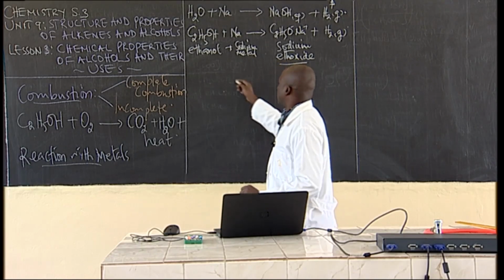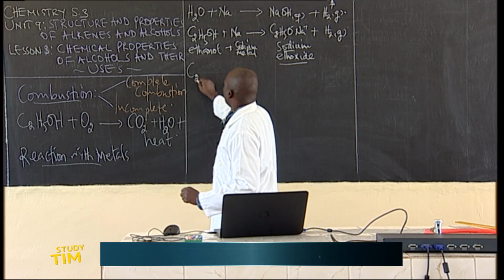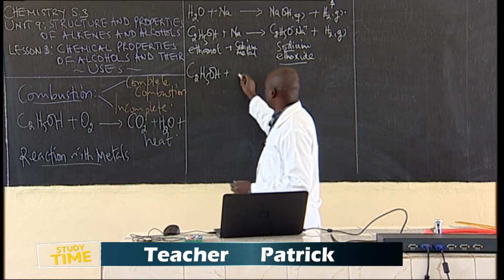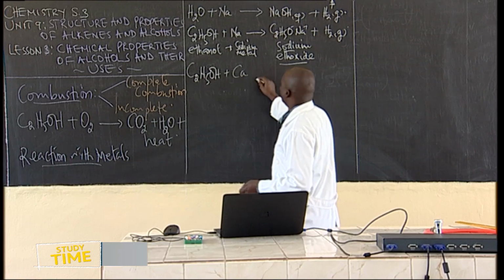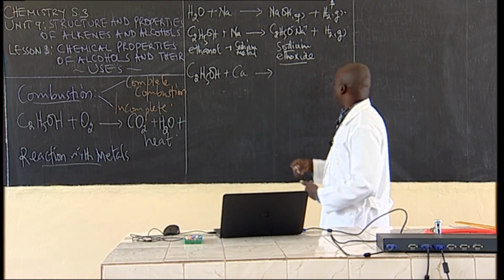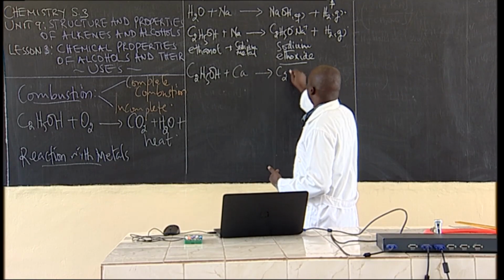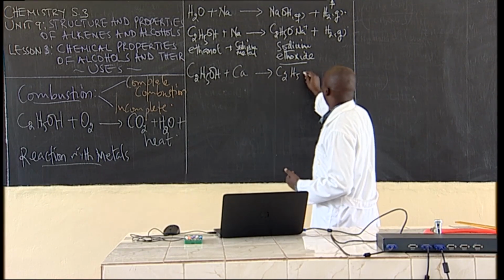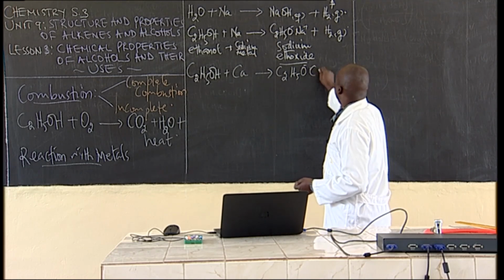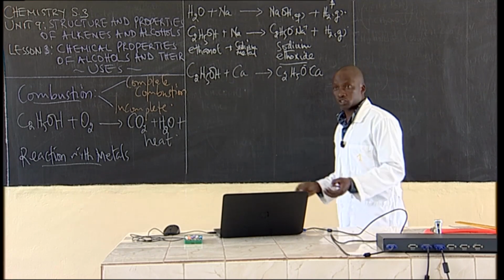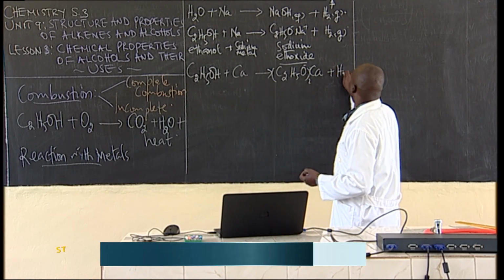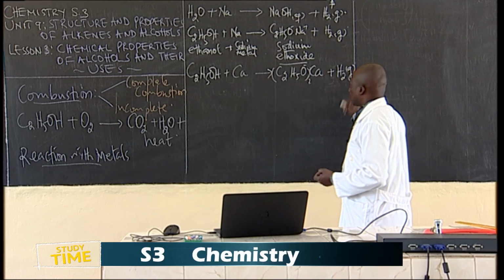For example, if ethanol reacts with calcium, that is another example, with calcium metal, it will form the ethoxide of calcium. So you'll have calcium ethoxide plus hydrogen gas.